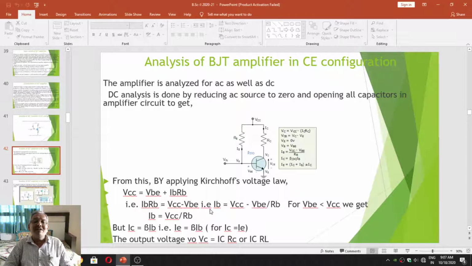That is, IB equals VCC minus VBE upon RB. Friends, the value of VBE so developed is very small in comparison with VCC. So that's why we can neglect VBE and we get IB equal to VCC upon RB.